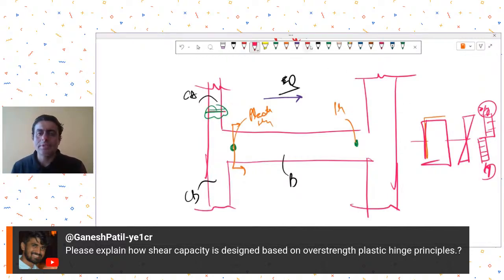Now what happens is that your material in fact does not stop at Fy. In fact, it continues to go up to what is called Ry times Fy.